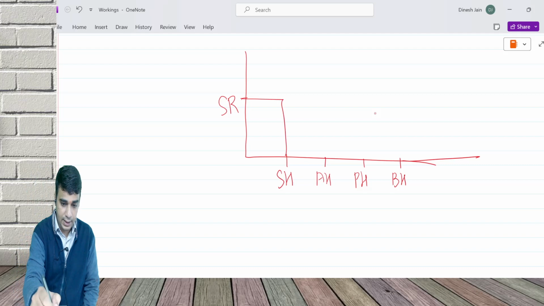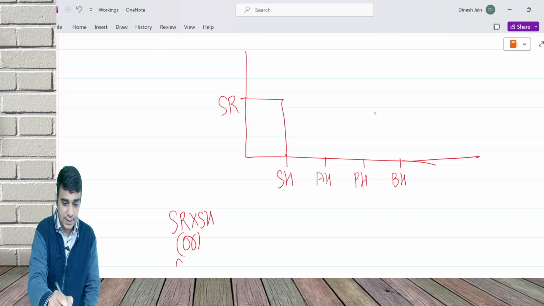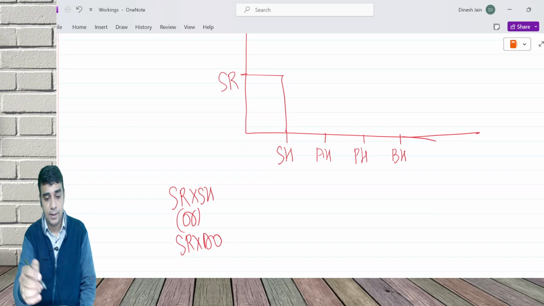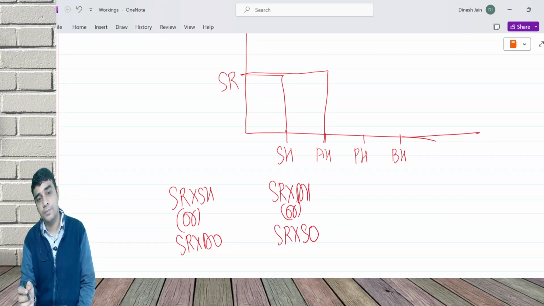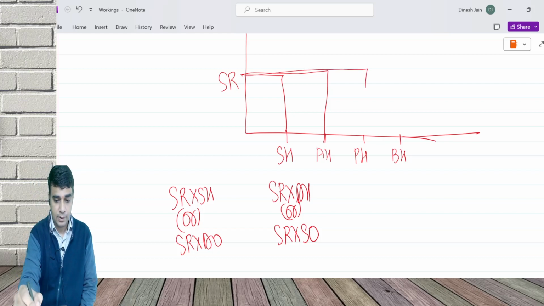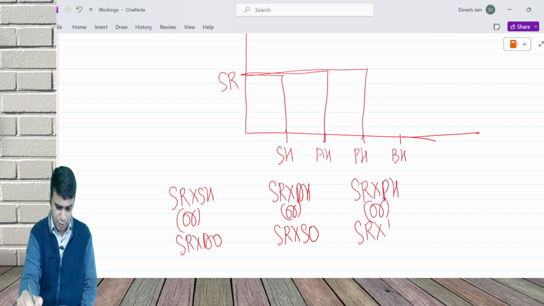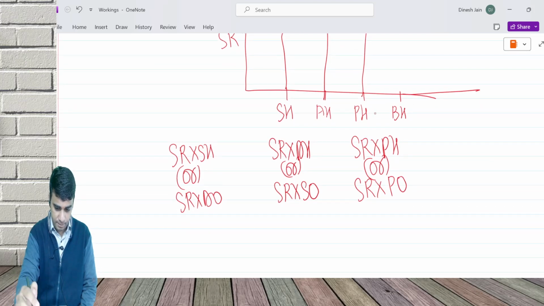So, link SR into SH, otherwise called SR into AO. SR into AH, otherwise called SR into SO. SR into PH, PH is possible hours; SR into PO, PO is possible output; RPFOH.